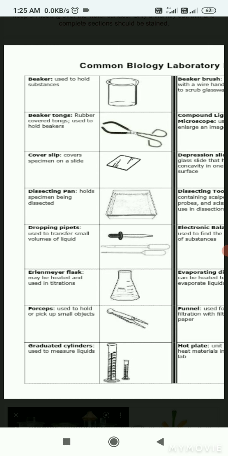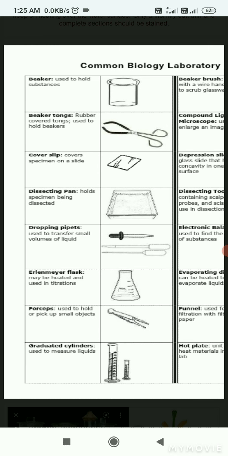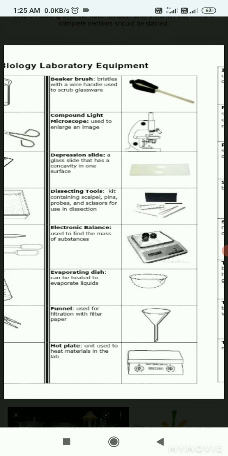This one is the forceps and these are the measuring cylinders. Then this one is the beaker brush. Below that there is a compound microscope. Below that there is a depression slide or cavity slide.